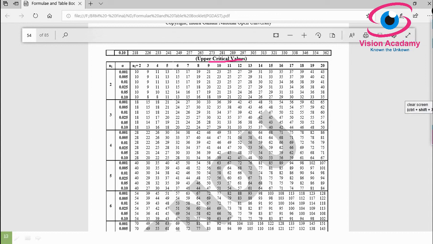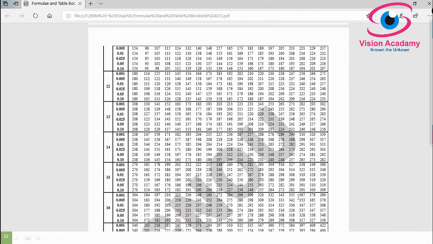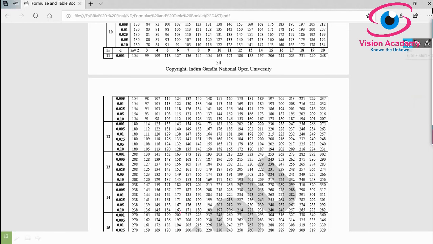In the upper critical value table, let us see N1 is 12 and N2 is also 12. Here N1 is 12 and N2 is 12, and for 0.005, we get 194 for the upper critical value. So for the lower critical value 106 and for the upper critical value 194.